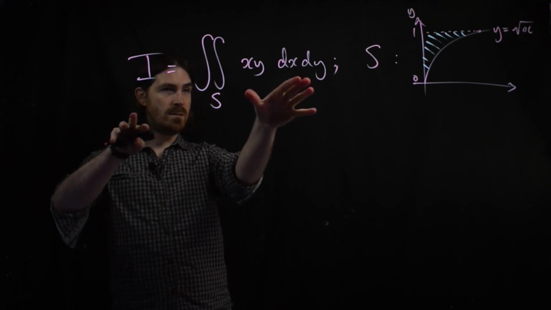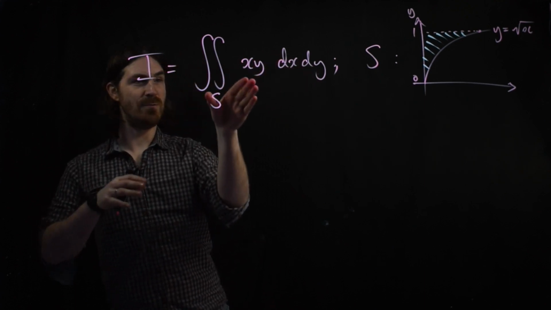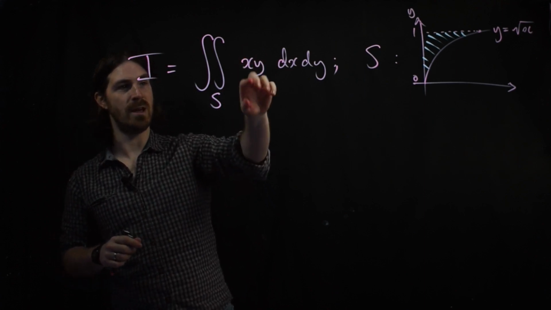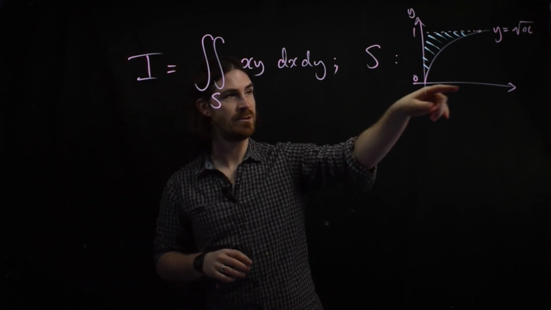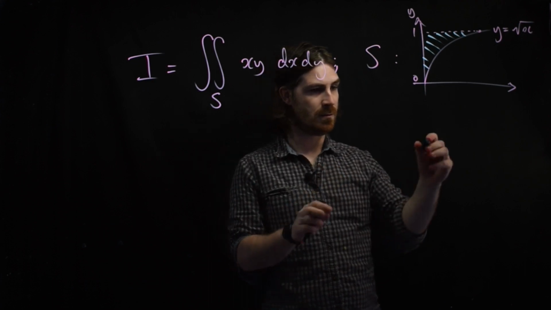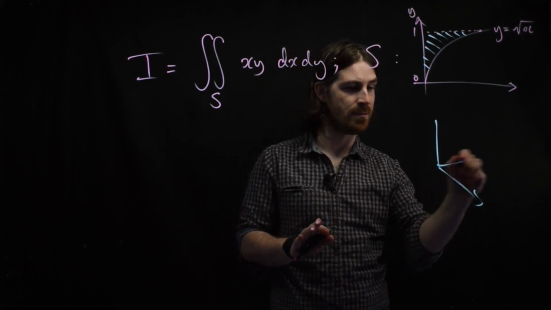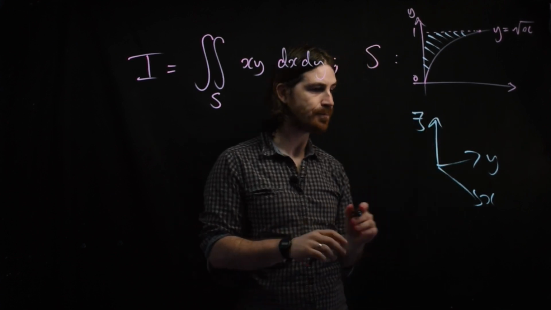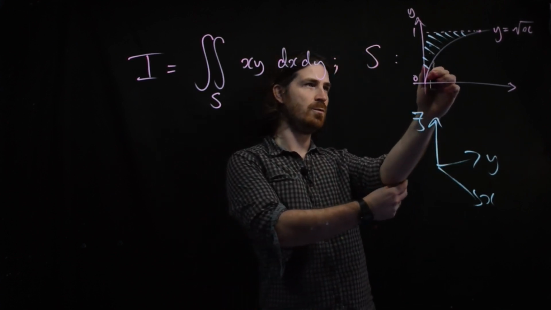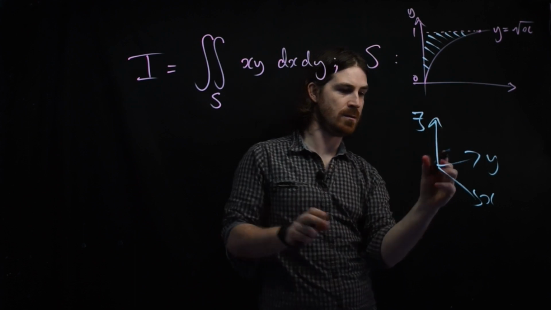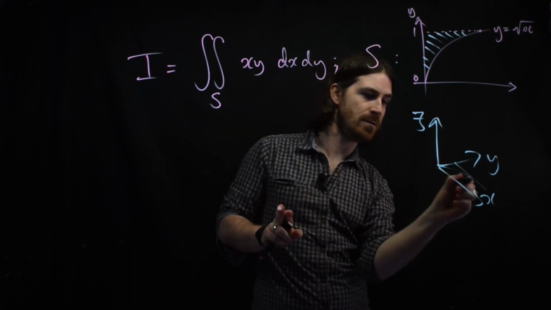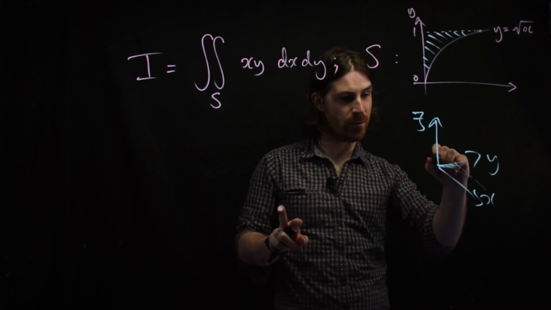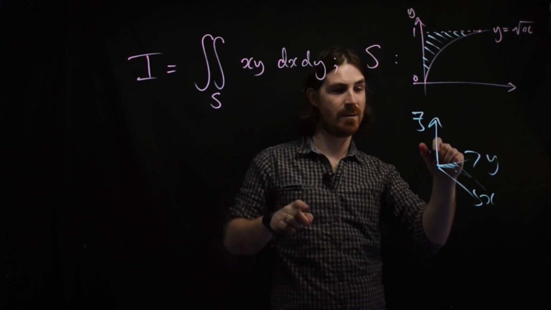Again, this describes the volume under the surface of the function xy in this region. If we have the x, y, z axes drawn, then this region y equals the square root of x is this little region here, and we've got x times y.